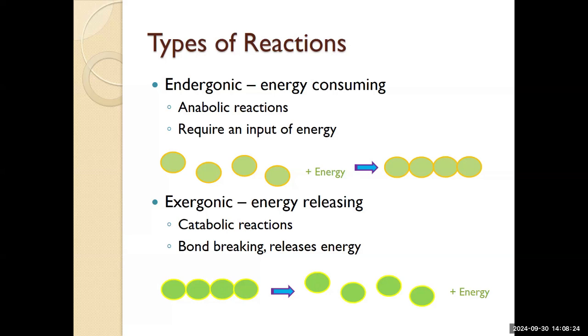The anabolic reactions consume energy because systems require energy to form bonds. Exergonic reactions, think exiting the cell, are energy releasing reactions. These are catabolic reactions that involve bond breaking, a big molecule being broken down into smaller and smaller bits.